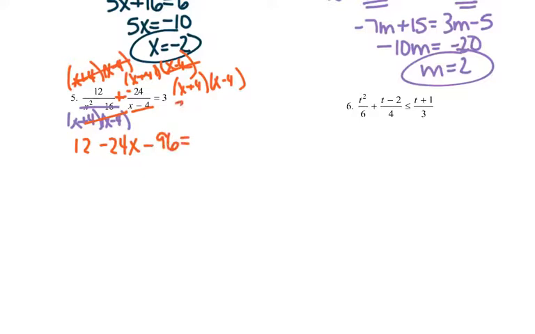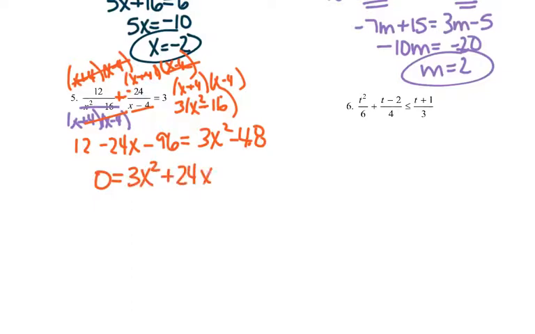And then this is going to be 3 times x squared minus 16, or 3x squared minus 48. So now it is quadratic, right? So I'm going to have to clean things up a little bit. I'm going to see if I can do a little of this in my head. 3x squared, I move the 24x over.